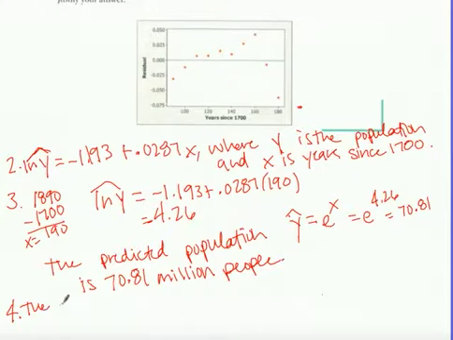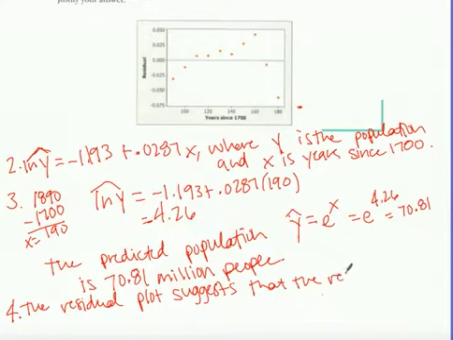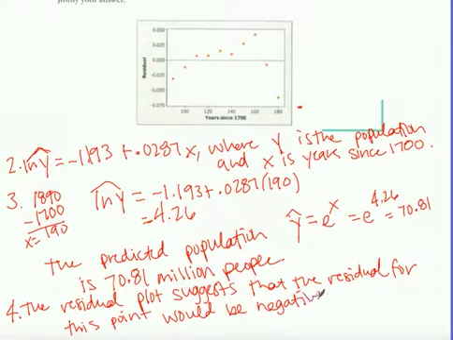So the residual plot suggests that the residual for this point would be negative. And I know it's going to be negative because all these values underneath here, underneath the residual equals 0 line, are going to be negative.